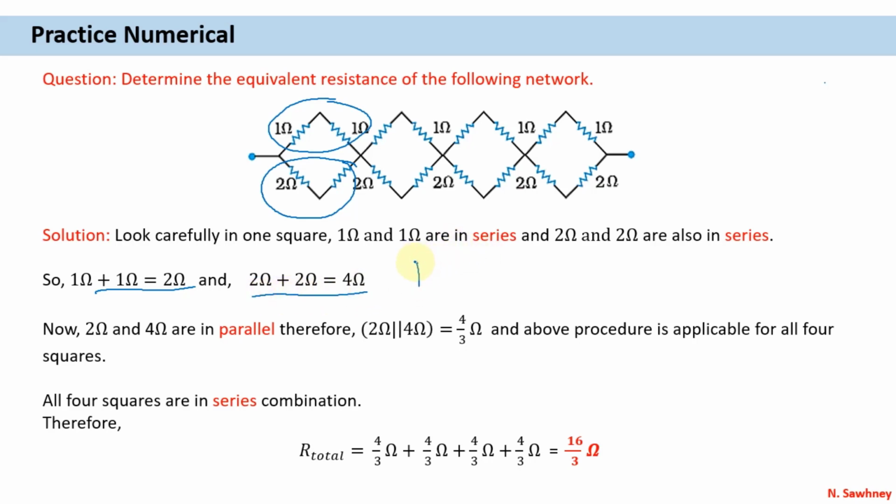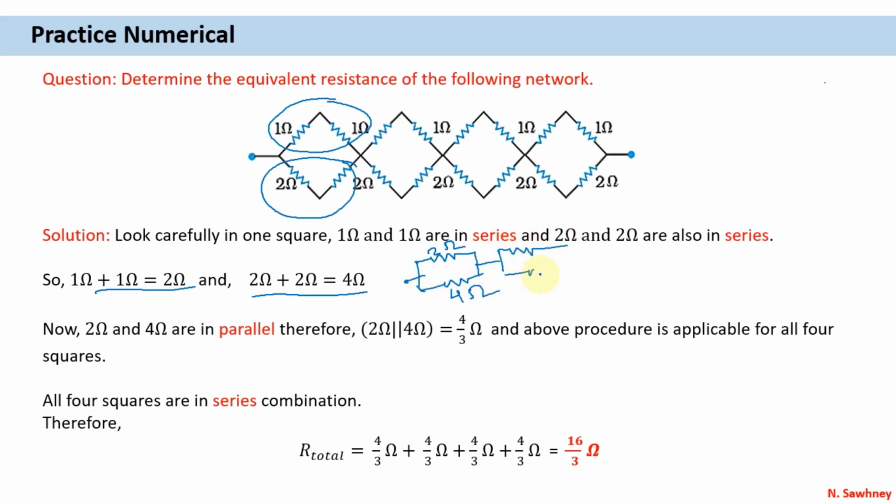1 ohm in series with 1 ohm forms 2 ohm, and 2 ohm in series with 2 ohm forms 4 ohm. That means we can draw the equivalent circuit like this for 1 square. Here it will be 2 ohm, here it will be 4 ohm. And this procedure is applicable for all 4 squares.